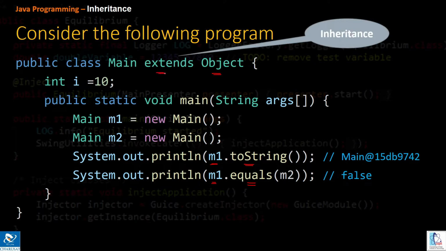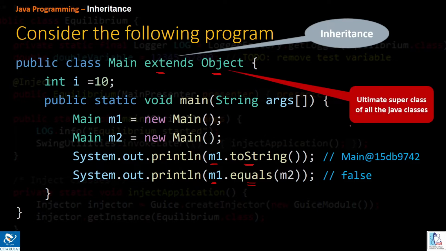Okay, right? So here we have used the extends keyword. This is the keyword that is used to define inheritance, right? So if I want to extend some class, or if I want to inherit a class, I must use the extends keyword. So this extends keyword defines the inheritance. What else? Object is the ultimate superclass of all the Java classes.